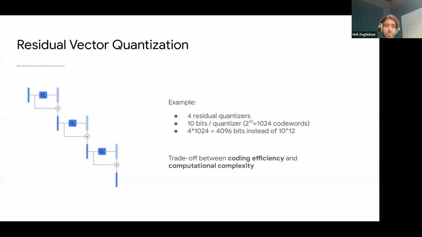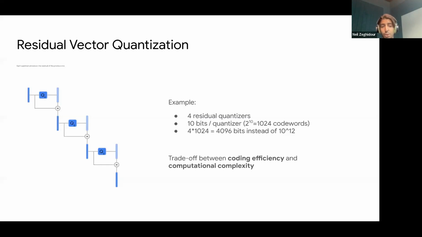And since we have 4, basically we have 4000 code words. So 4000 code words instead of a trillion code words before. You can see how residual quantization allows scaling in a very significant way the kind of bitrate that we can target, because now we can easily go to 20, 50, even 100 kbps.